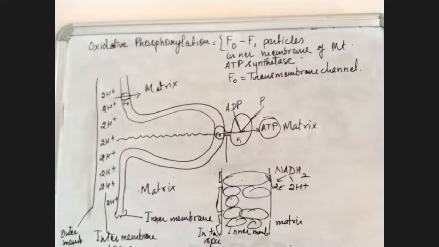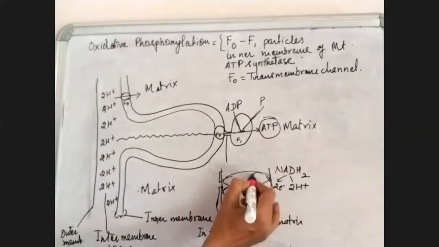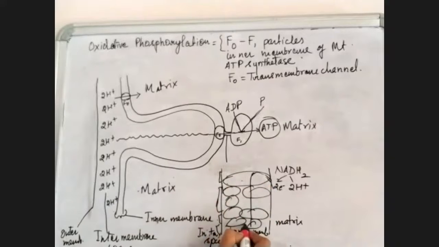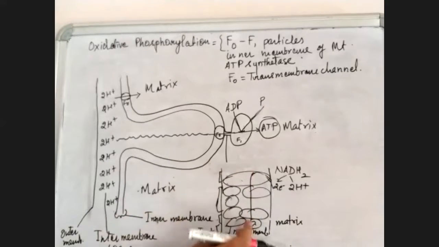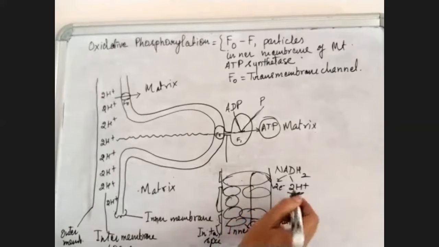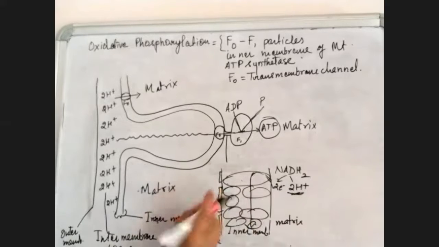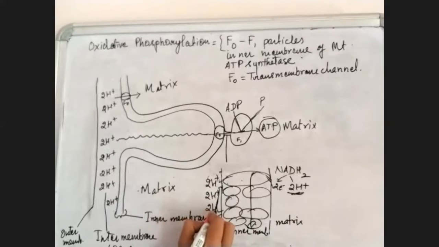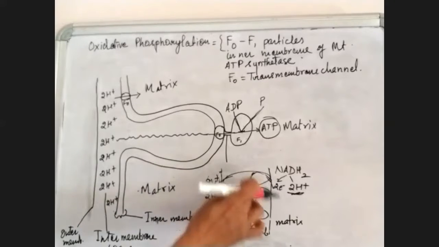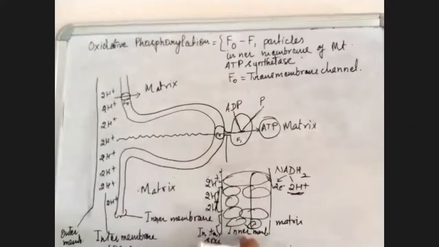So the electrons start moving through these complexes. When they release energy while moving through the complexes, they transfer the protons from the matrix into the intermembrane space. The protons come into the intermembrane space, and the electron keeps on moving down the complexes.